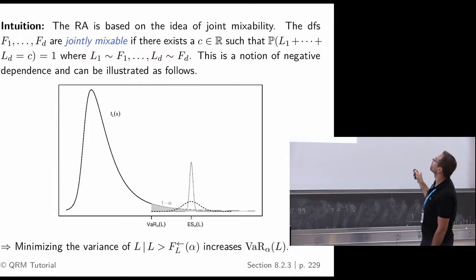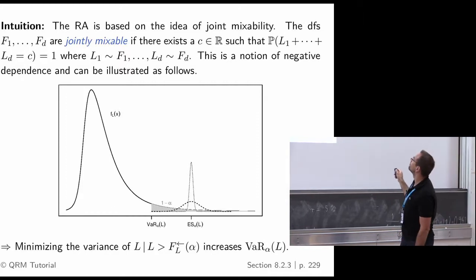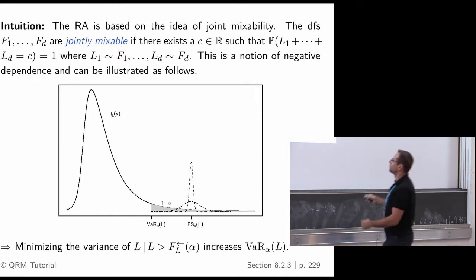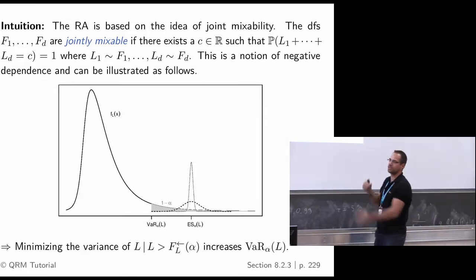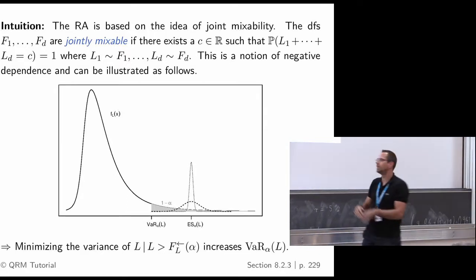That means with probability 1, almost surely, the sum of my losses is constant. Then I put all of the mass essentially in one point, and that gives me the largest value at risk. But that's not always possible, and this is only an intuitive argument. It's very tricky to explain this. Rodu Wang once told me this is how he would explain it, but the theory is actually not exactly precise.